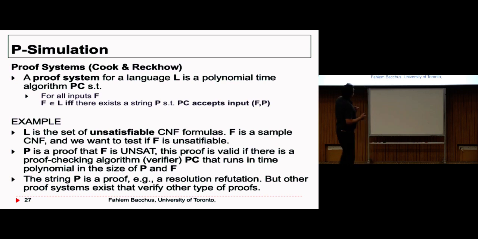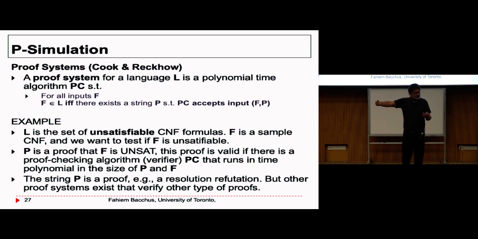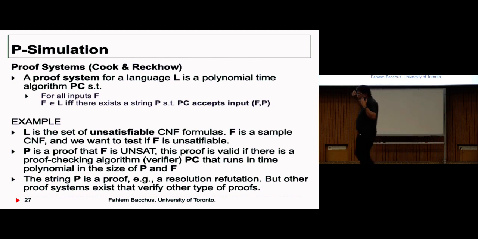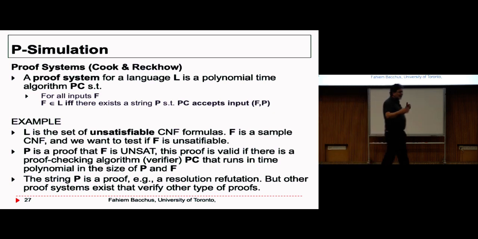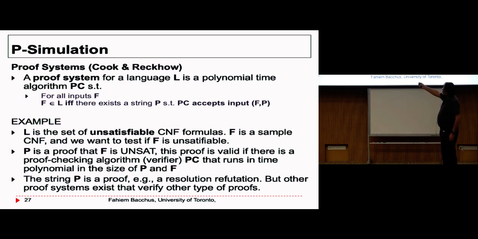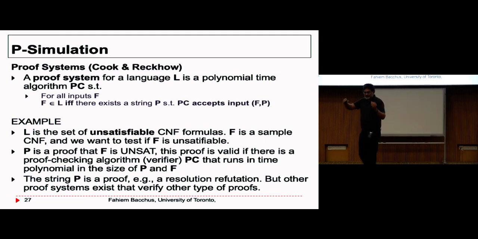It's a polytime algorithm over a language L. And it basically says, okay, I have a string that's in L, a formula F, and I have another string, which is the proof P. This polytime algorithm can run in time polynomial in the input string F and the proof P. If it says yes, then you know that this string F is a member of this language L.